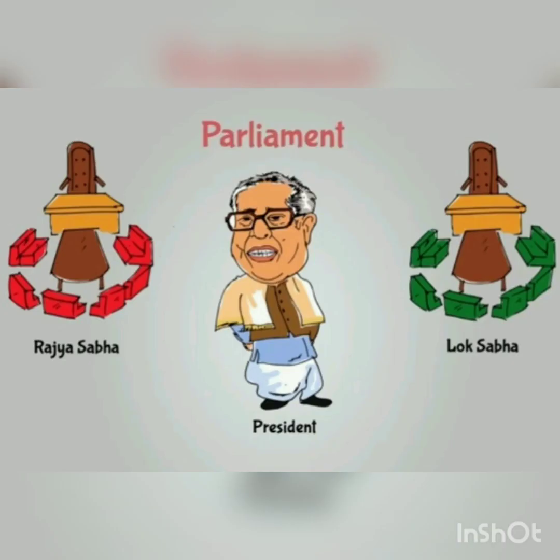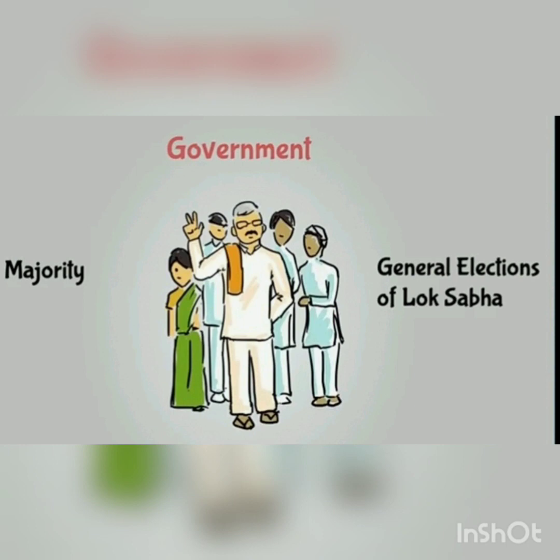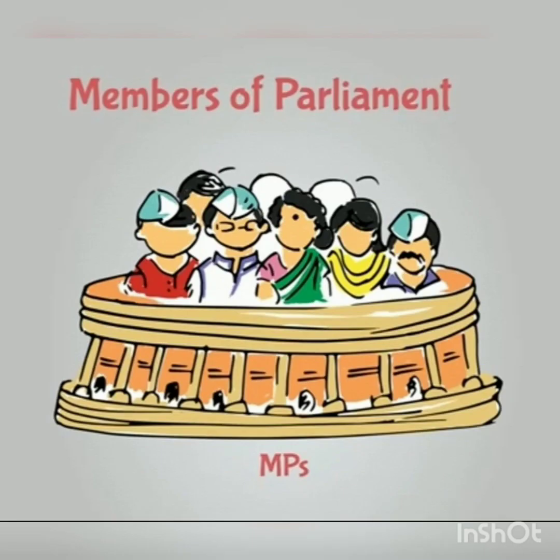The parliament consists of the President of India and two houses, namely the upper house, which is the Rajya Sabha or the Council of States, and the lower house, which is the Lok Sabha or the House of the People. On the other hand, the government is formed by the party who gets the majority of votes after the general elections of the Lok Sabha. Members of both the houses are called members of parliament or MPs.